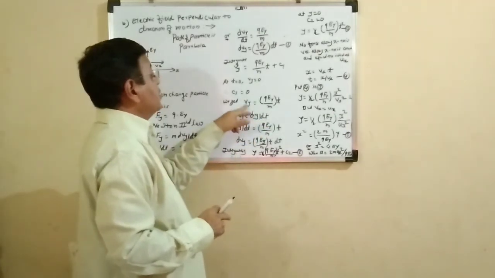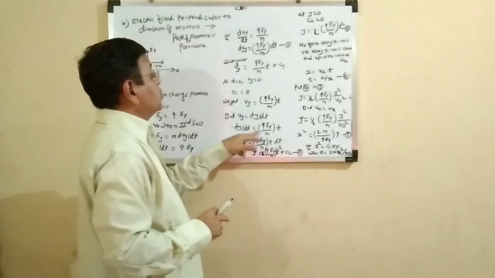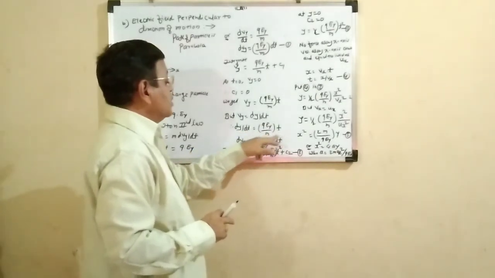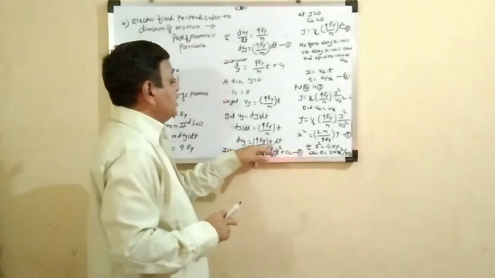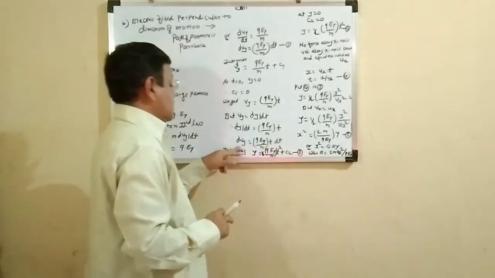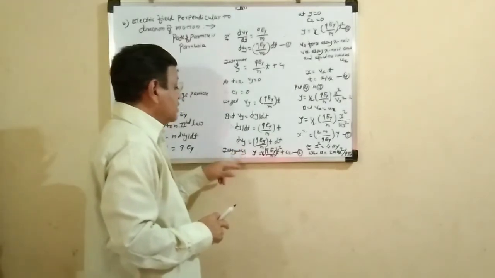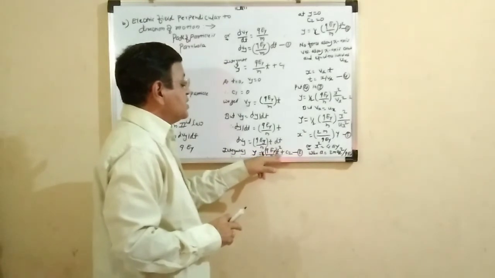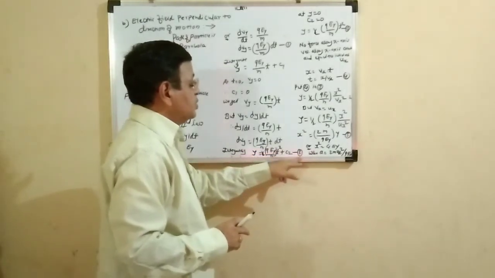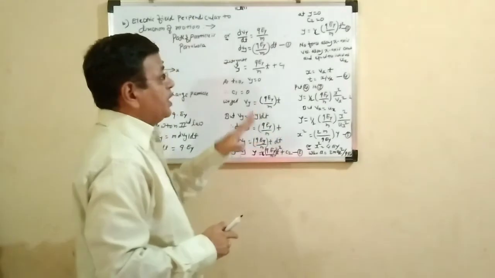Putting this value here, we get dy by dt equal to qEy by m into t. So dy is equal to qEy by m into t into dt. By integrating this, we get y equal to 1/2 qEy by m into t square plus c2. Call this equation number 2, where c2 is our constant of integration.